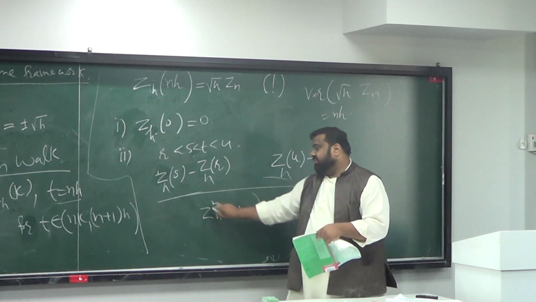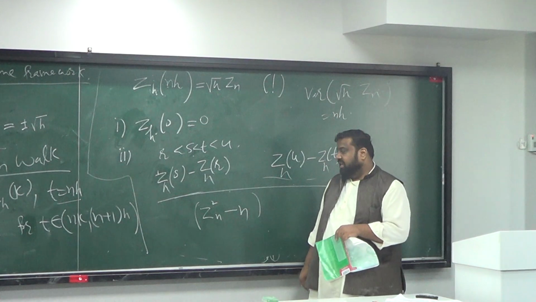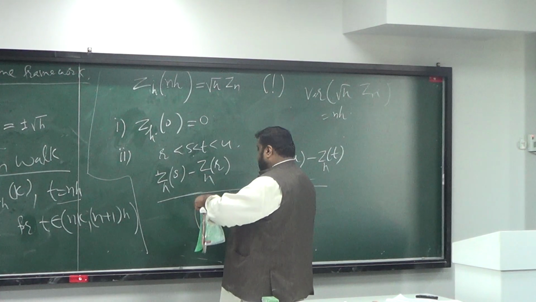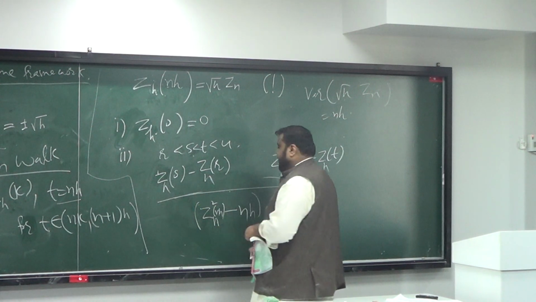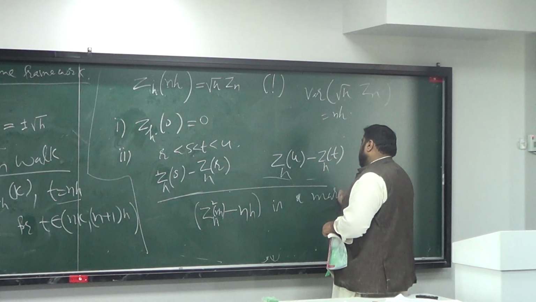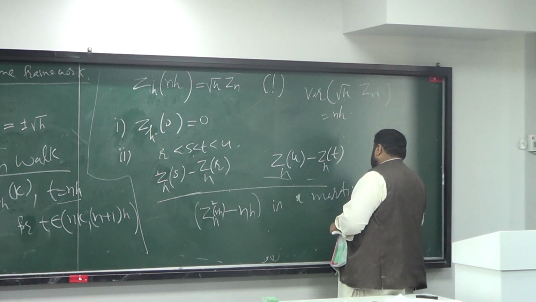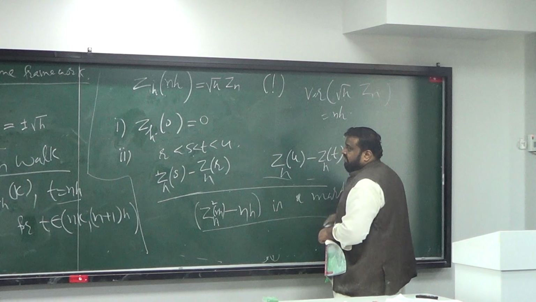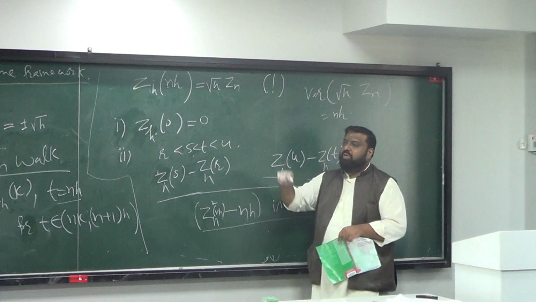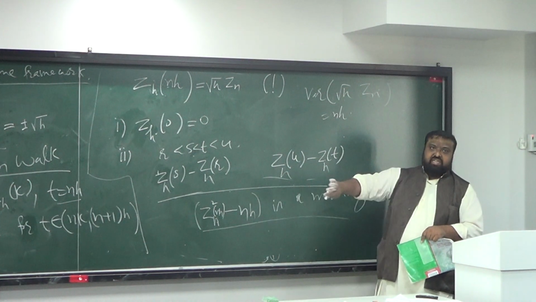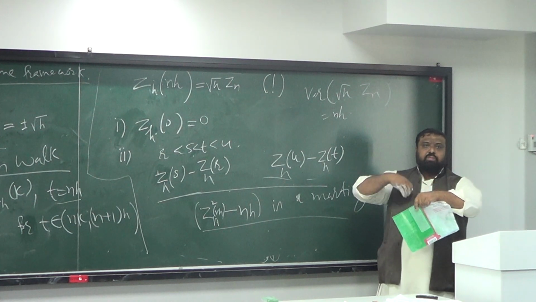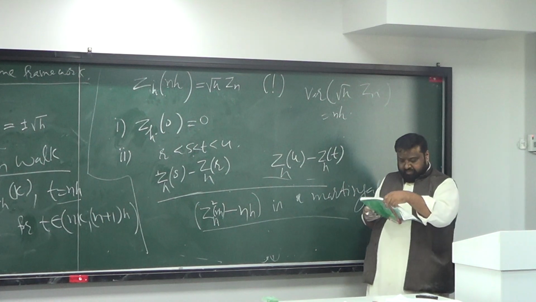Similarly, you can show here that Z_h of nh squared minus nh is a martingale as well. You can read it from the book. You can see that all the properties that were there in the random walk are still there when you scale that random walk to the microscopic level.